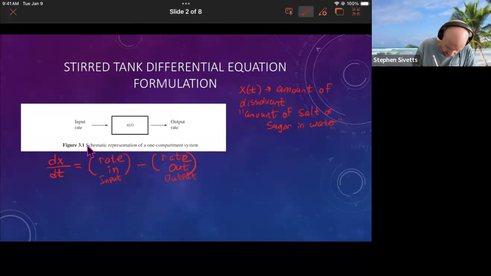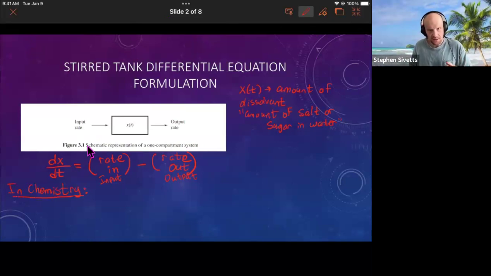So in chemistry, these stirred tank equations are most common in the field of chemistry. So we'll have a solute.